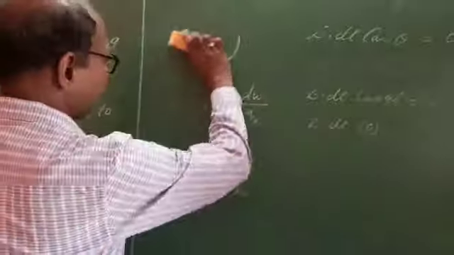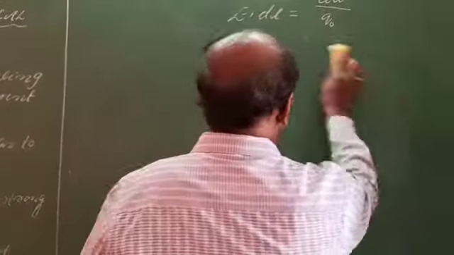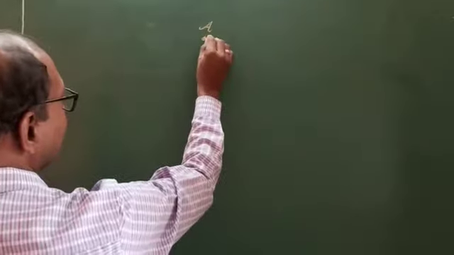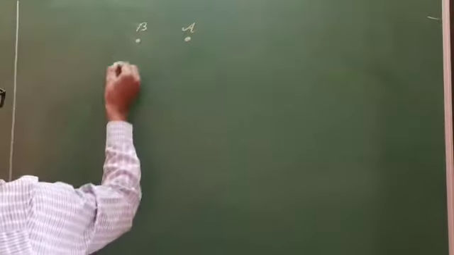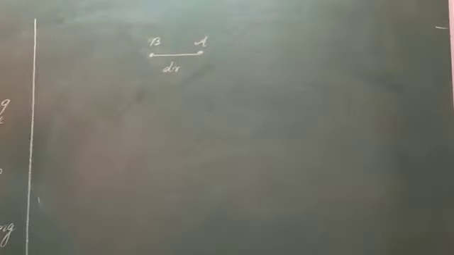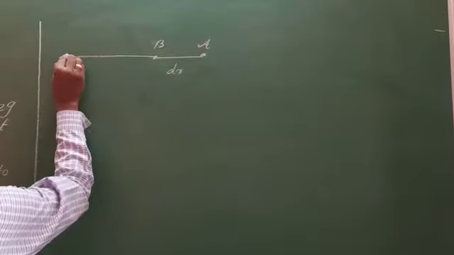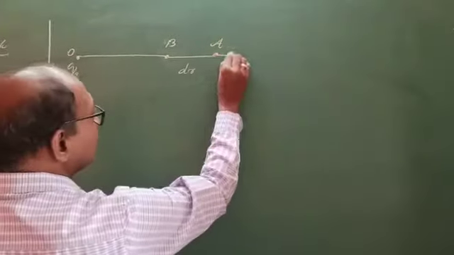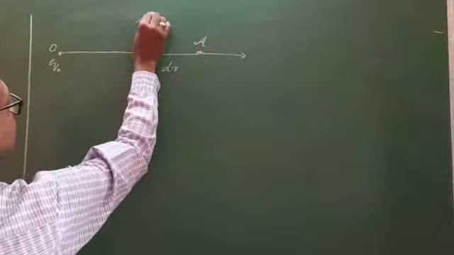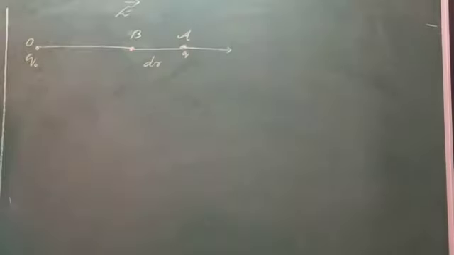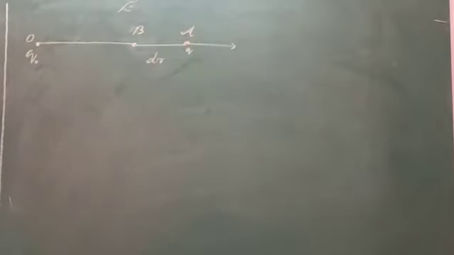Let us consider here a point A, and here we have the point B. The distance between these two, a small distance I am separating, is termed dr. Now the Q is at the point O, and at point A I will place one test charge, Q naught or Q plus.